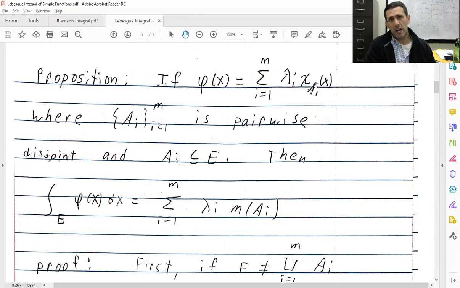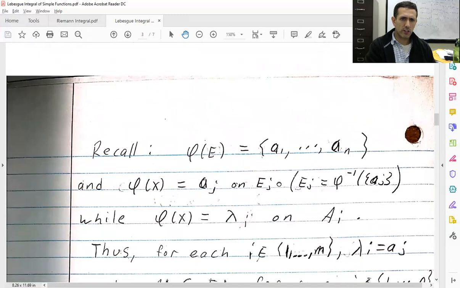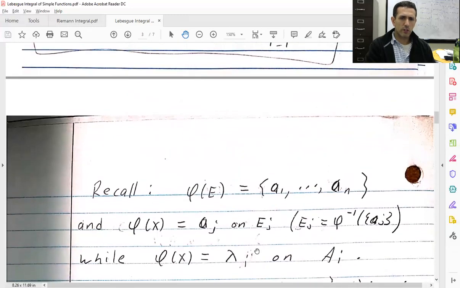And if x is in A_i, then φ(x) is just λ_i, because the characteristic function of A_i evaluated at x is 1 if x is in A_i. So φ(x) is equal to λ_i on big A_i.